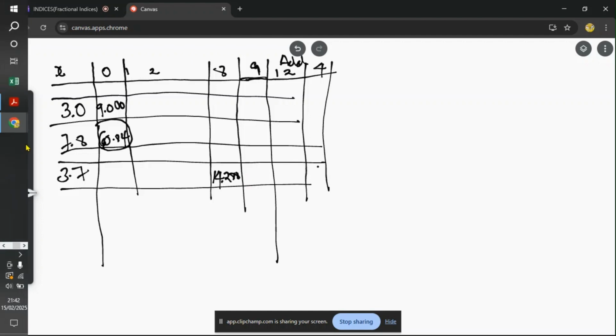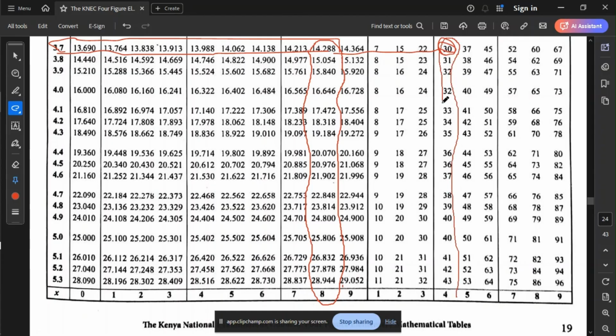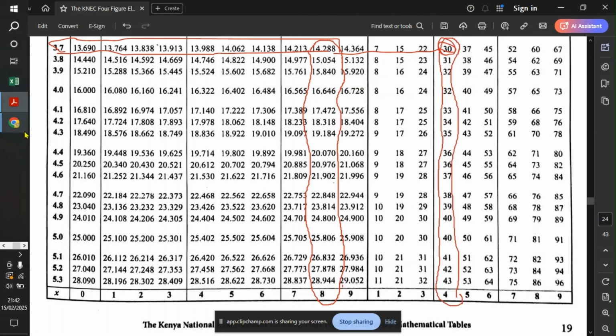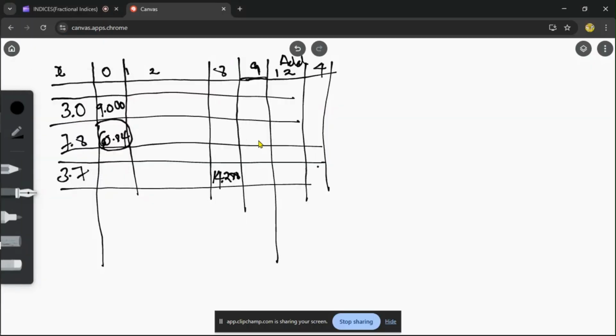Okay, so I go back to the table and I check the number that lies on a straight line again, but now where you have 4. And you can see the number that lies there, now that the 4 is here. If I put like that, the number that lies there, it is 30. You have 30. So I'll go back to the table and I have the answer that lies here.